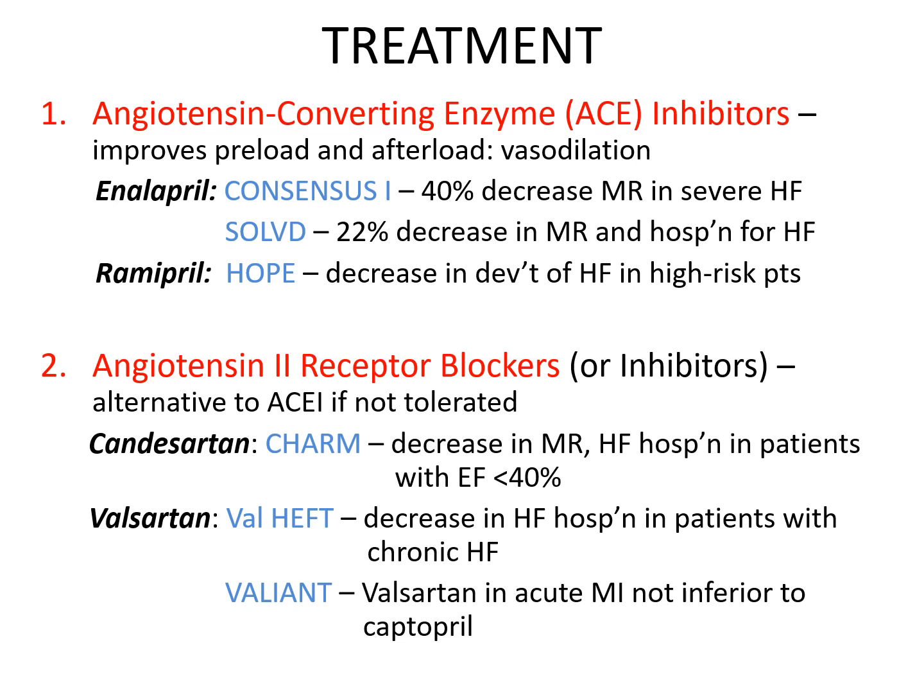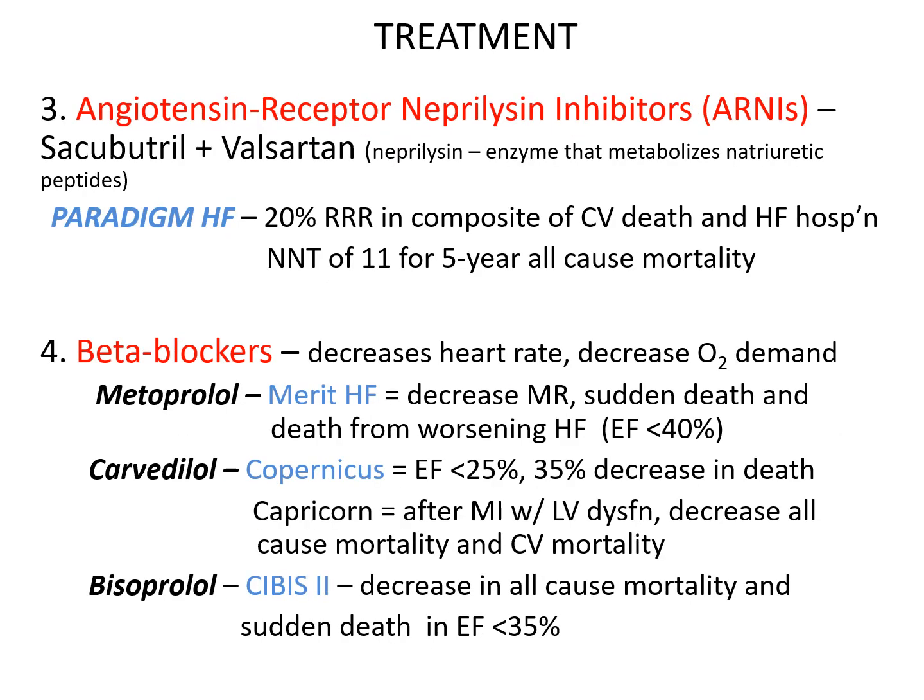VALIANT is a study using valsartan also in acute myocardial infarction patients, and it showed that early initiation of valsartan was not inferior to the use of captopril. Captopril is a short-acting ACE inhibitor. So you may start off with using an ACE inhibitor or an ARB in a patient with heart failure.